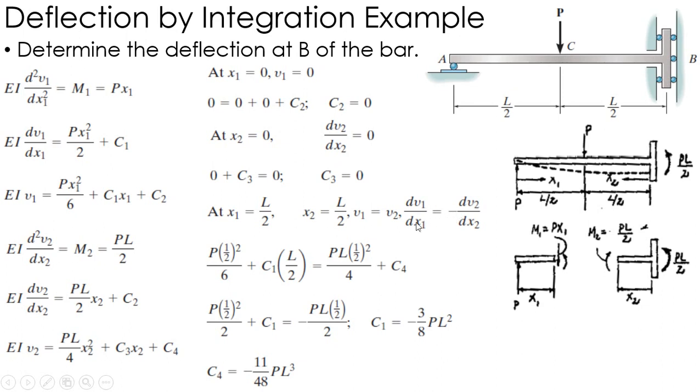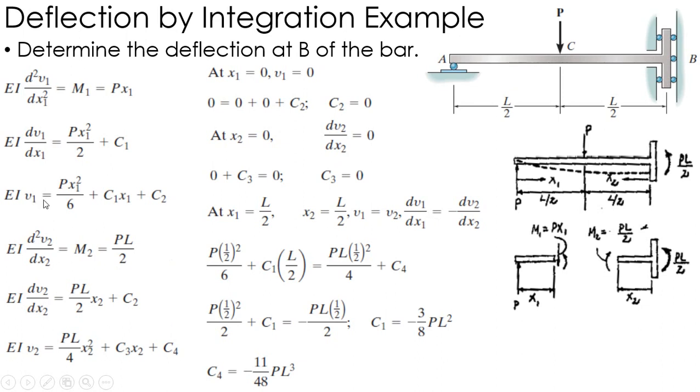Now, the slope of 1 equals negative the slope of 2. That's because my slope is rise over run. My run for x1 goes to the right, my run for x2 goes to the left. So that's why we have that sign difference there.